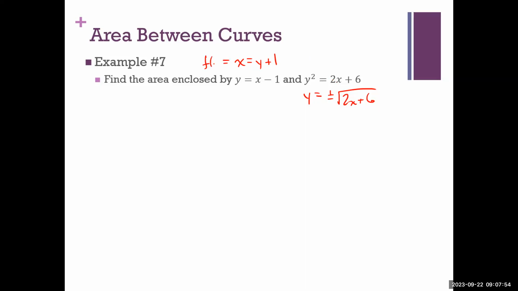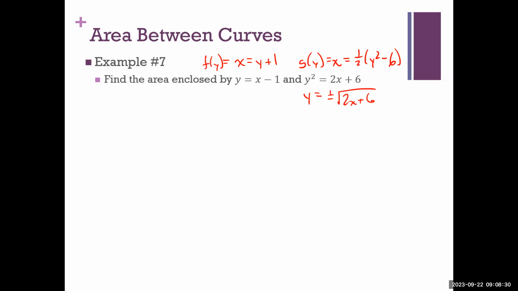So I'll call this f of y, and I'll call this g of y. 1/2 y squared minus 6, I believe. So if we want to do this where x is a function of y, I think we can get away with only doing one integral. I think that's a good first step. What else should we do?